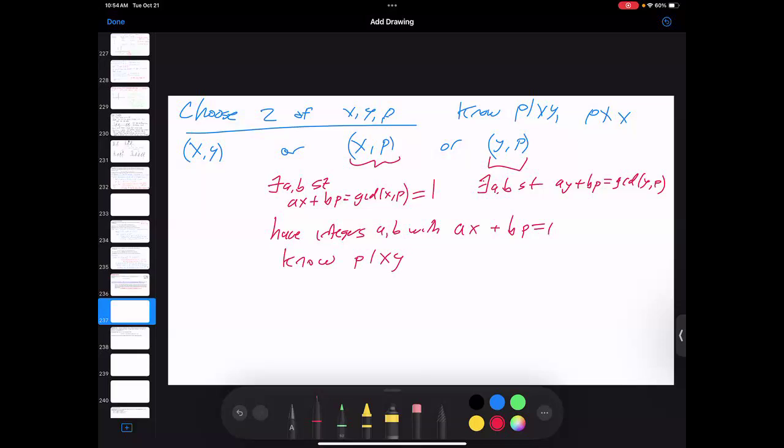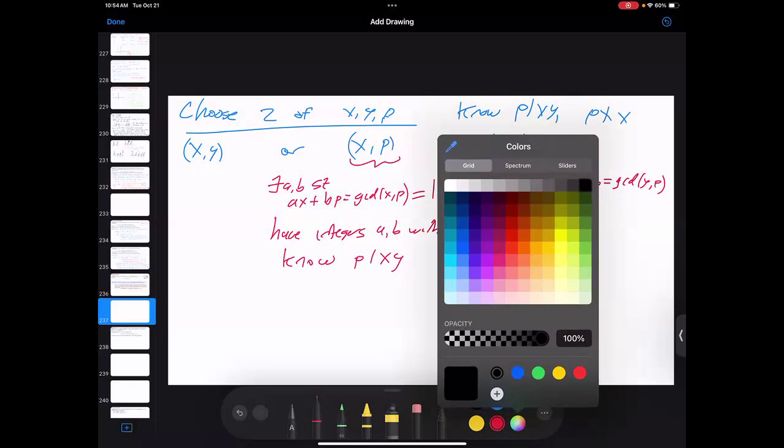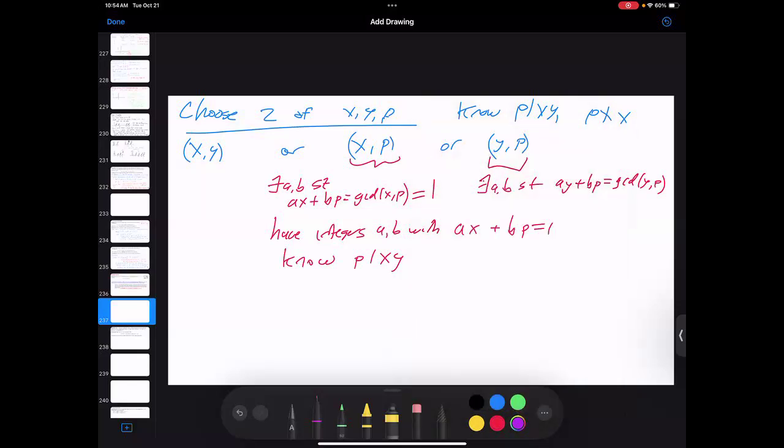Damn it, I don't have an X and Y in this equation. Is there any way I could get an X and Y in this equation? I have AX plus BP equals 1. I know something: that P divides XY. What could I do? I want to somehow use this.